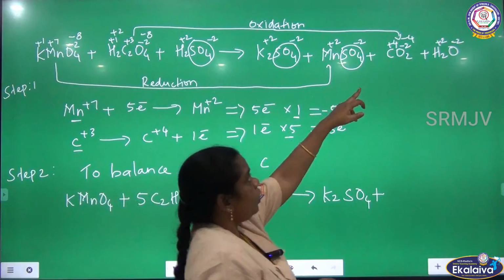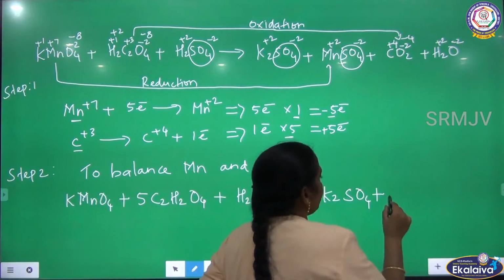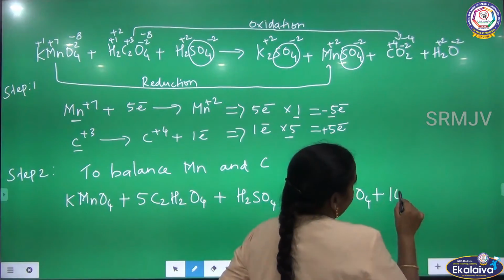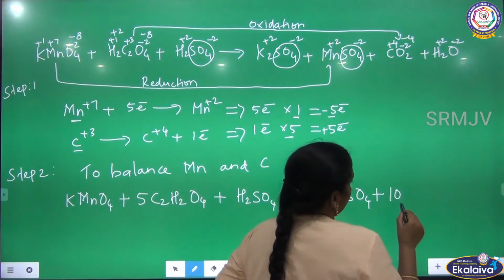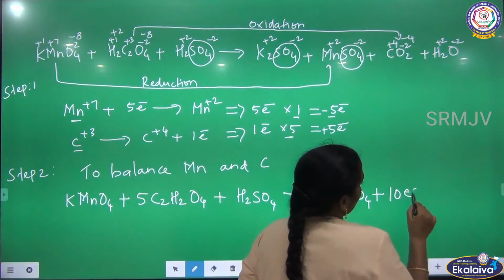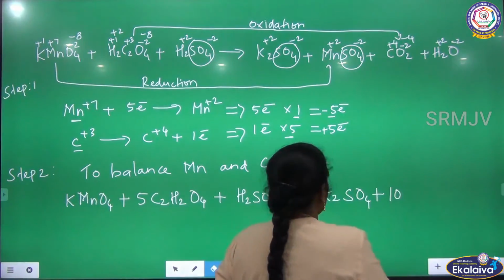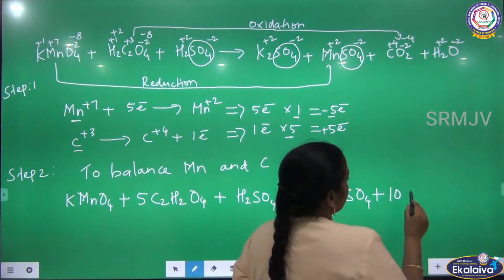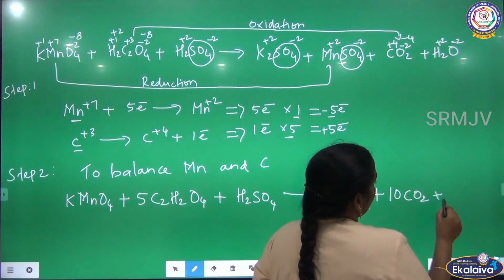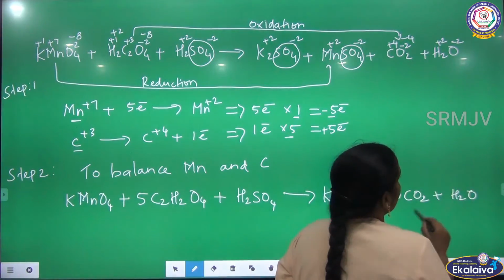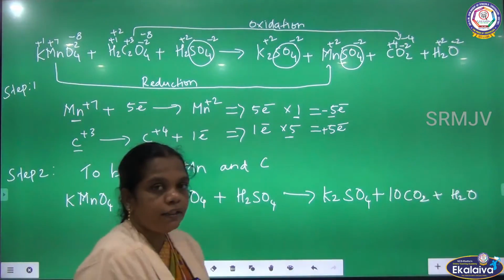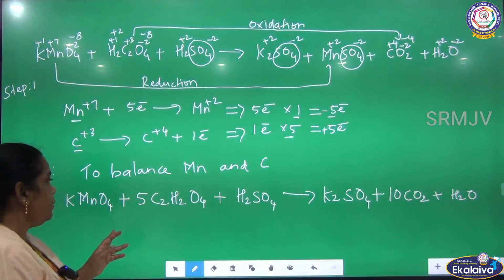So here how many carbons? Only 1 carbon. So this can be multiplied by 10. So 5 into 2 is 10 CO2 plus H2O. Now what is balanced? Now carbon and manganese are balanced.